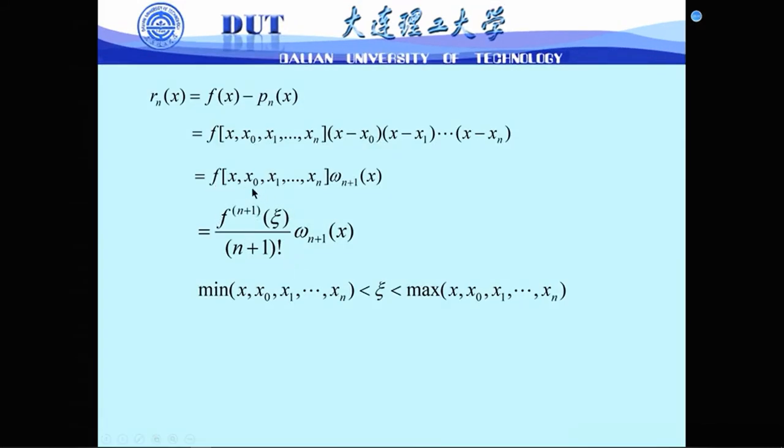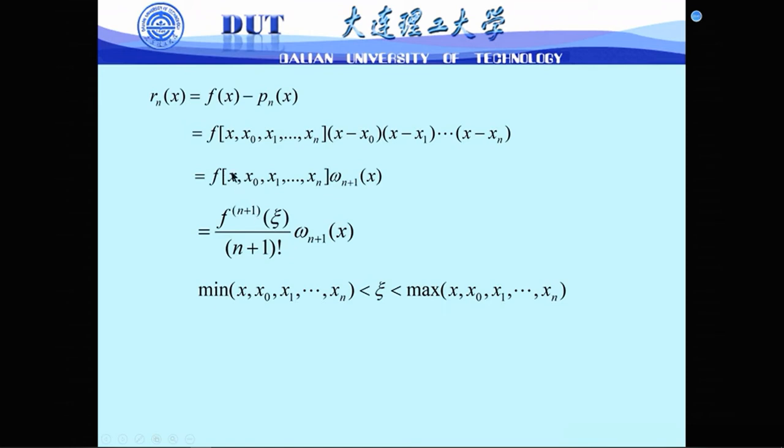Here it is the (n plus 1)th order divided difference, so it is equal to the (n plus 1)th order derivative at some c divided by (n plus 1) factorial, with c between the nodes.